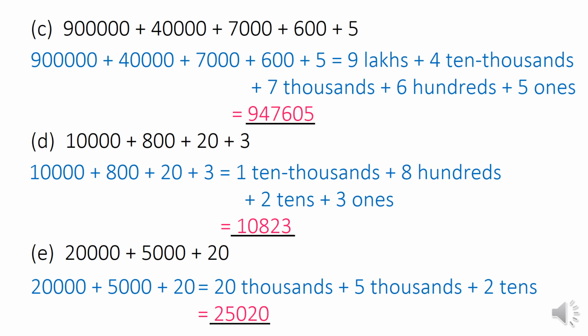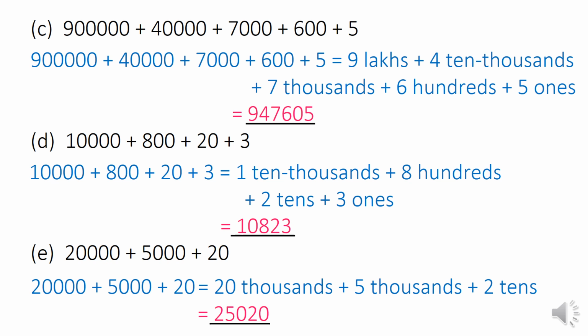Our next sub-question is 10,000 plus 800 plus 20 plus 3. So 10,000 plus 800 plus 20 plus 3 can be written as 1 10,000 plus 8 hundreds plus 2 tens plus 3 ones.